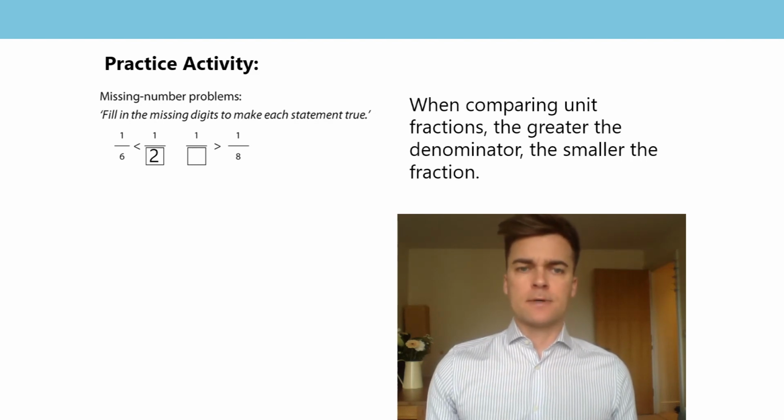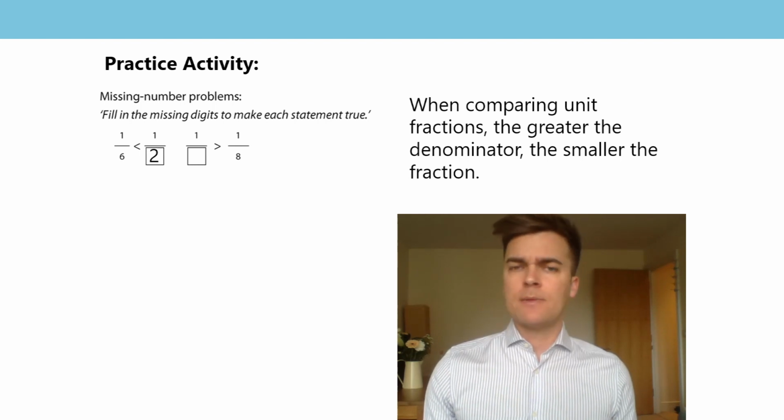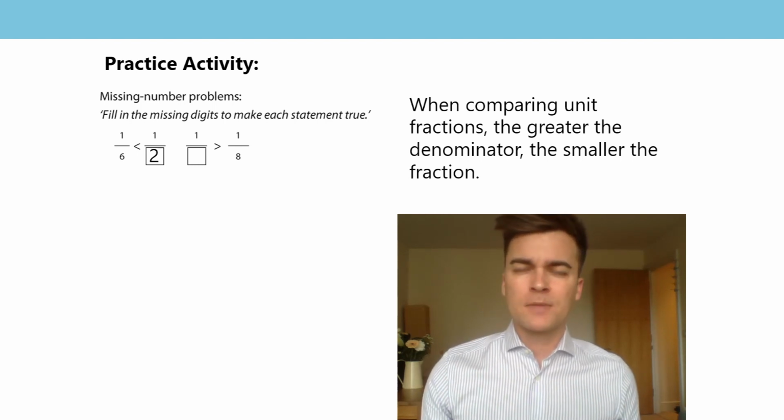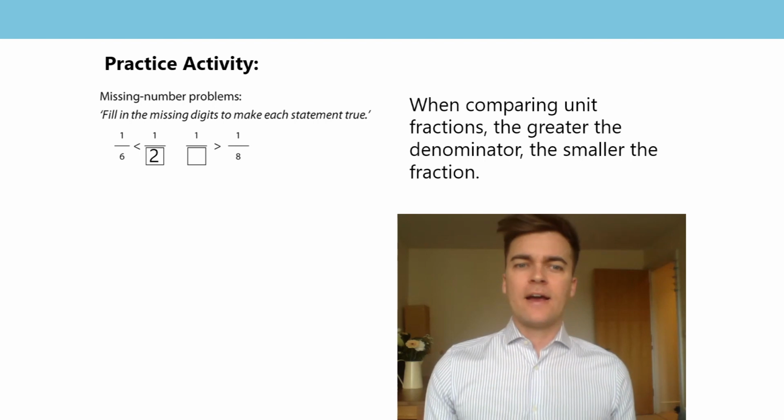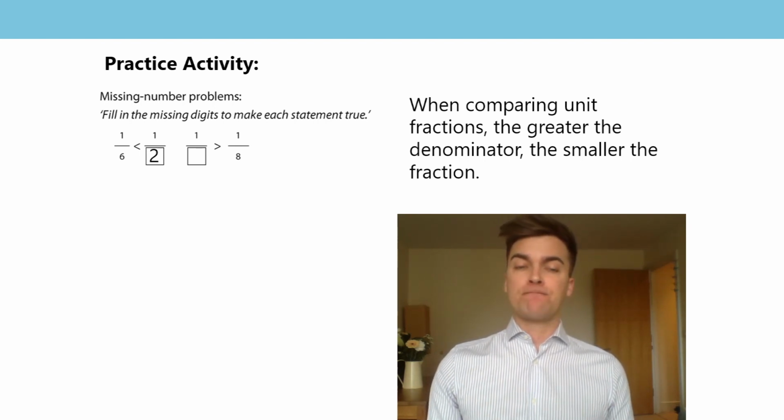How about the second one? 1/something is greater than 1/8. So again, what could the denominators be? Tell me what you got for this one. Again, I've had lots of different options, but how many options could there be? What could the denominator not be?